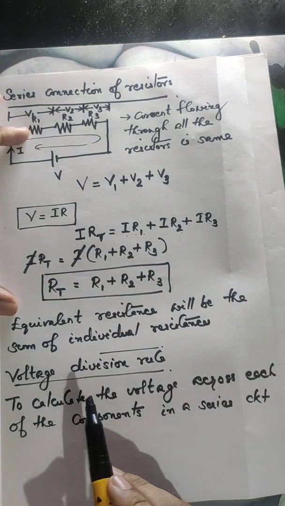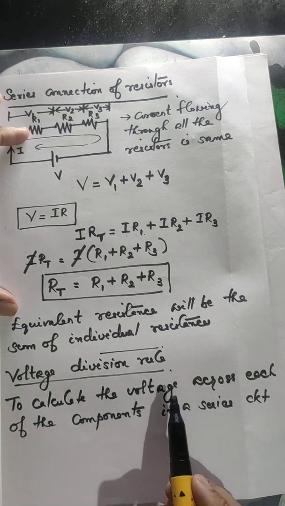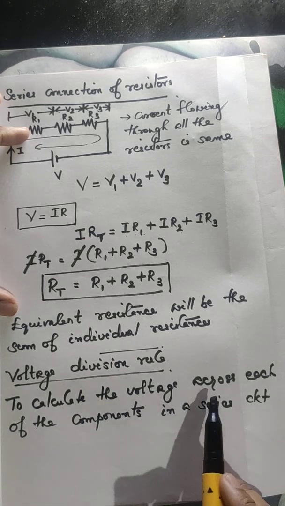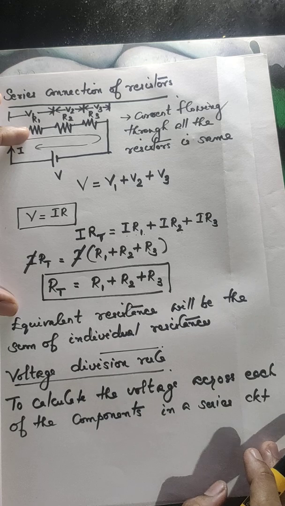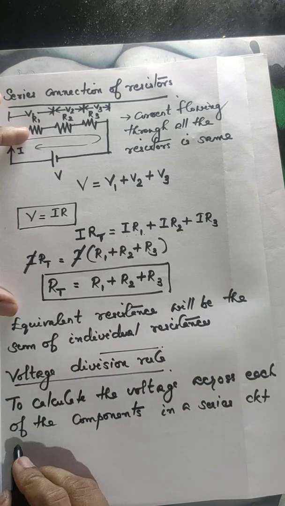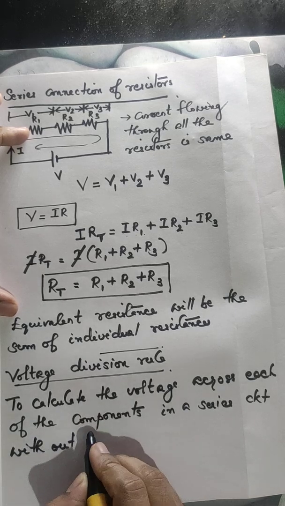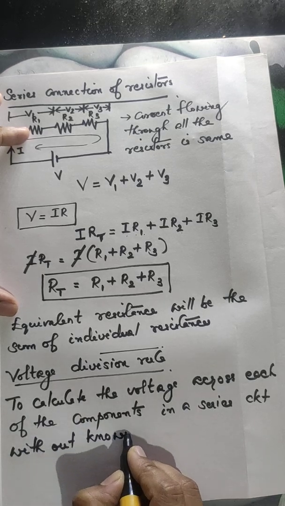But what voltage division rule enables us is that it helps us to calculate the voltage across each of the components in this series circuit without knowing the value of current.